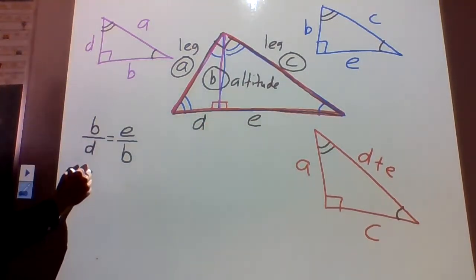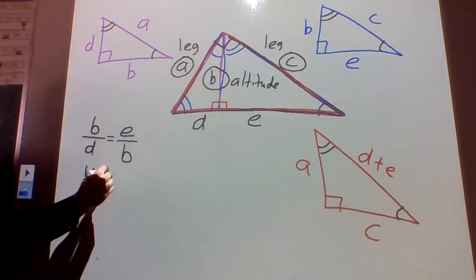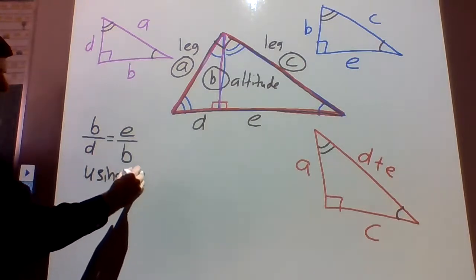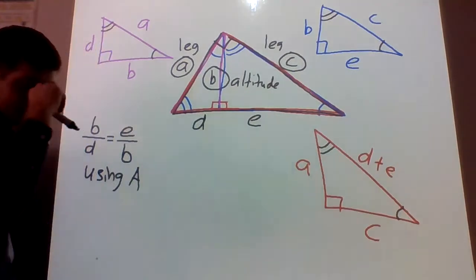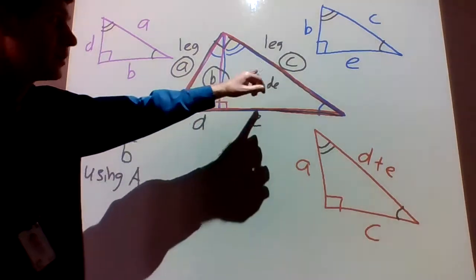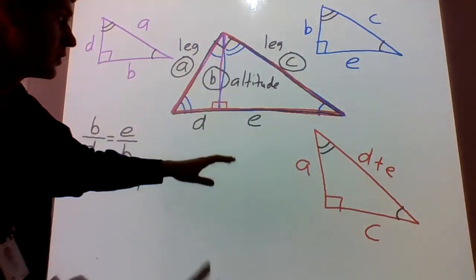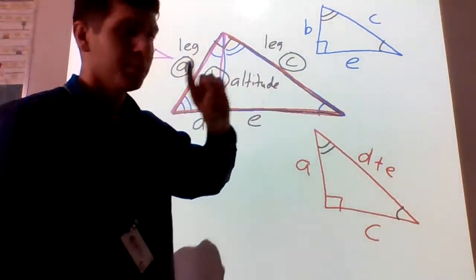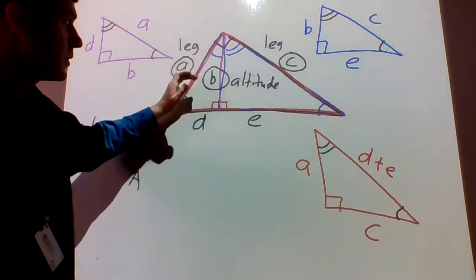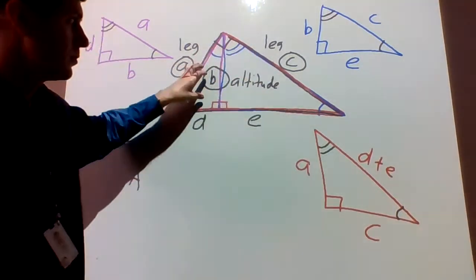So our rule for it is, if we're using the altitude, so again, altitude, and then we have two legs here that are going to be geometric means. These are the three sides that are in two triangles. D and E are only in one triangle each. D plus E is only part of one triangle. So A is part of two triangles, the big one and this small one.